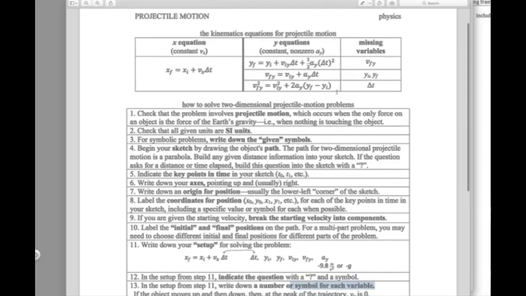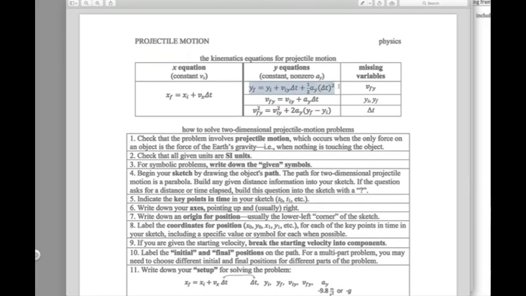Well, as is often the case, the variable we don't care about here is v final y. So we'll pick the normal equation that we pick when we don't care about v final y, which is our standard projectile motion equation.